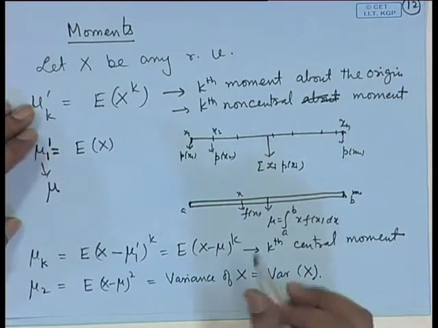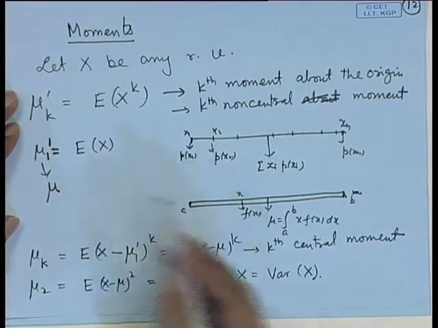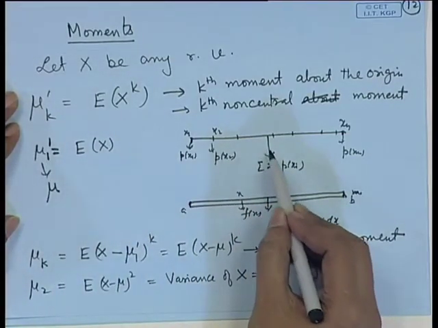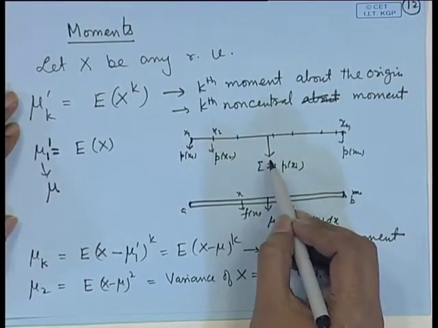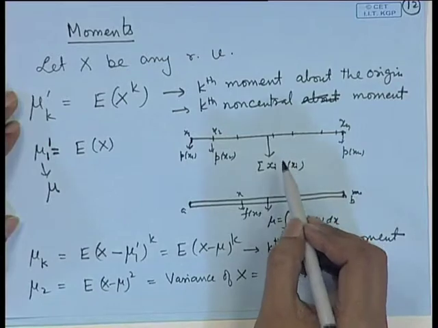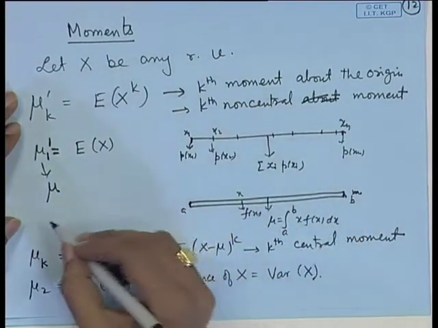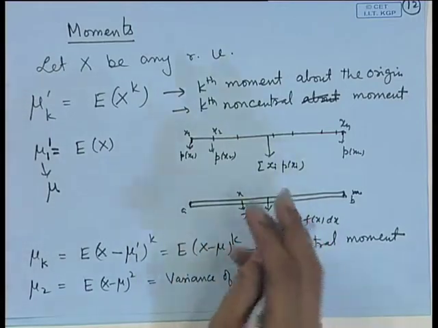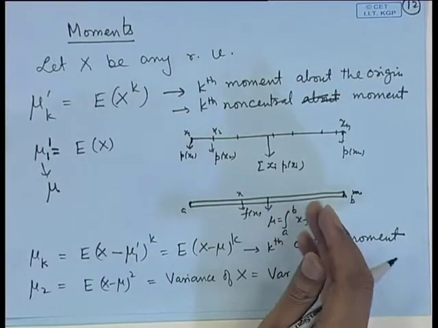Let us look at the significance of mu 1 prime and mu 2 in particular. Mu 1 prime, as I mentioned, denotes the measure of central tendency, or the center of gravity or the point of equilibrium of the distribution. We may also be interested in knowing how the values of the random variable are varying with respect to its mean. To get its measure, one may look at the values of x i minus mu.